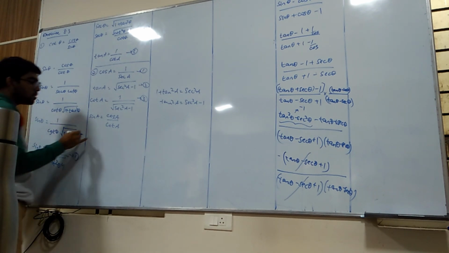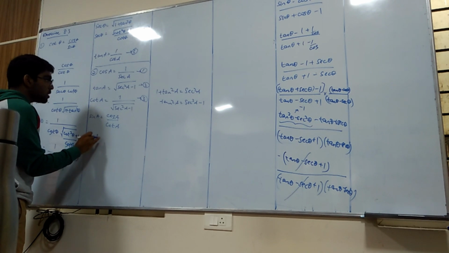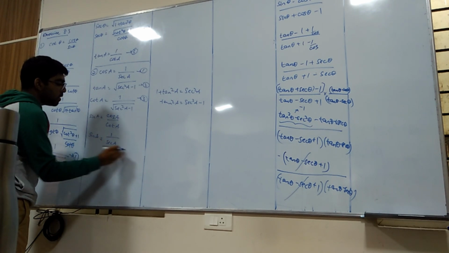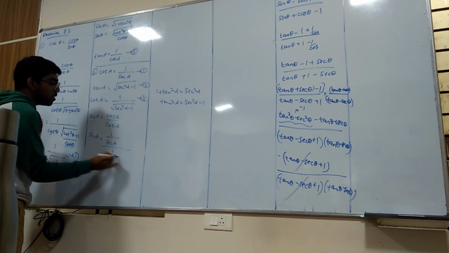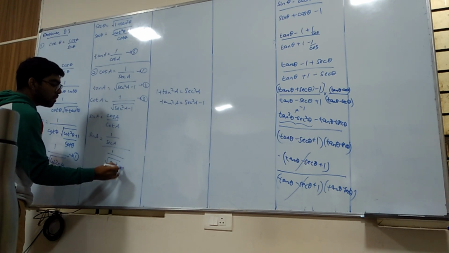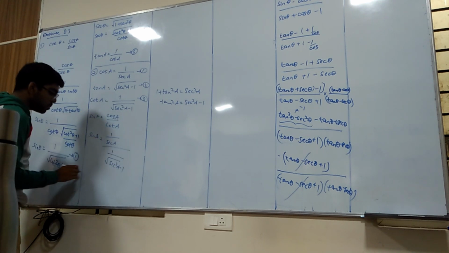So now, sin A will be, what is cos A? 1 by secant A divided by, what is cot A? 1 by root of secant square A minus 1. Take the reciprocal.